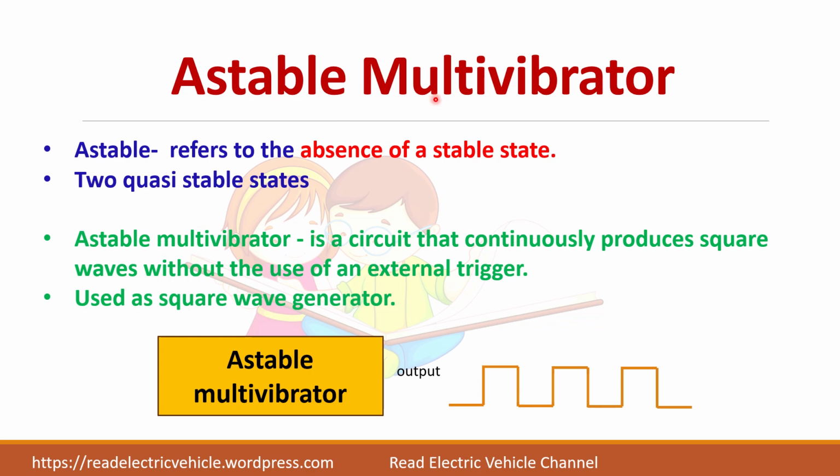Basically, astable multivibrator is used as a square wave generator, or it is used as a clock pulse in digital circuits. Just you need a square waveform as a clock pulse in a timer circuit or any digital microcontroller or any digital circuit. You can use this astable multivibrator.